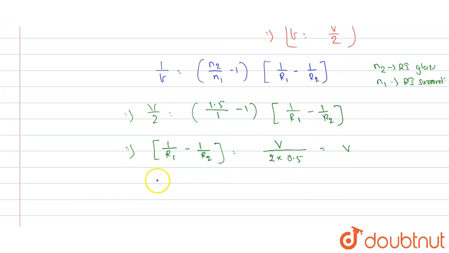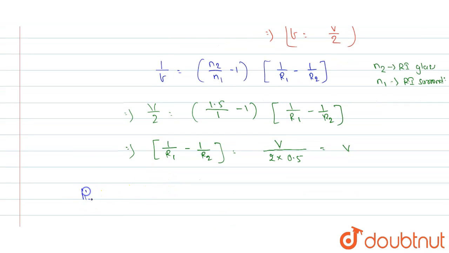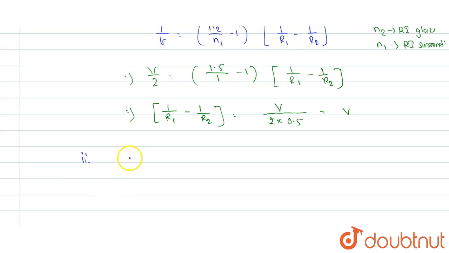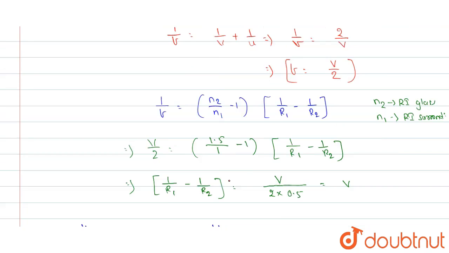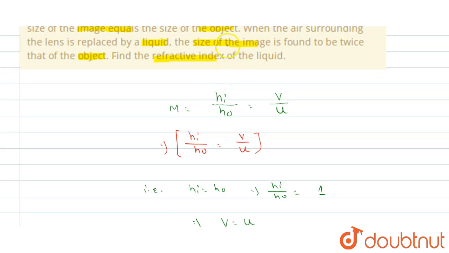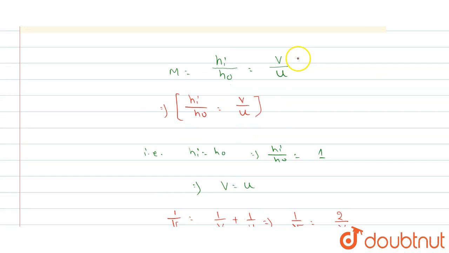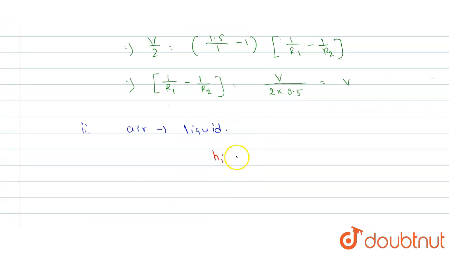Now again, here is the second case, where air is replaced by some liquid. When air is replaced by liquid, the size of the image is found to be twice the object.